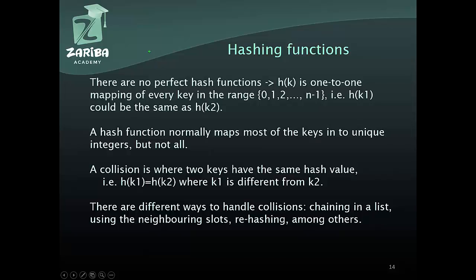So you will have a situation where h of key 1 equals h of key 2, and this is bound to happen at some point. Okay, is that clear? Okay, so making a good hashing function is not easy.